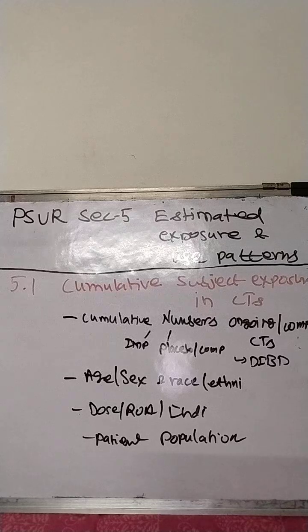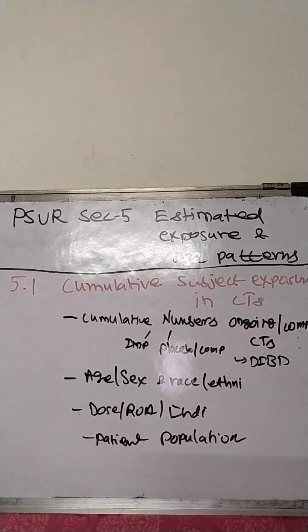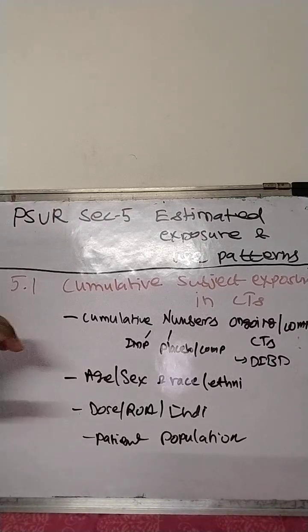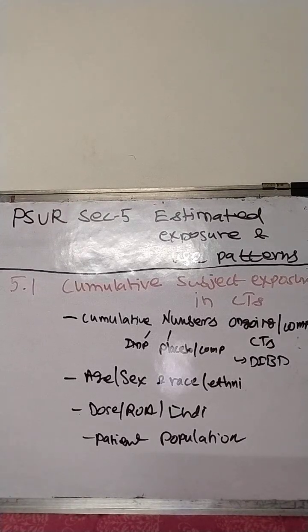In this section they focus on cumulative numbers of participants in ongoing or completed clinical trials. Cumulative numbers are mentioned based on the ongoing and completed clinical trials, and they recommend providing them in a tabular format, table 1, table 2, table 3, in this particular section.